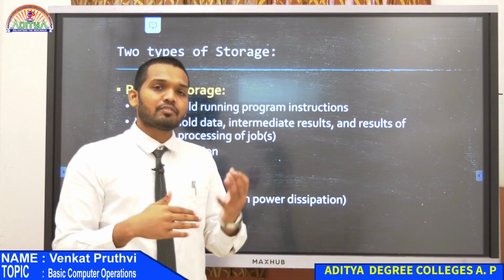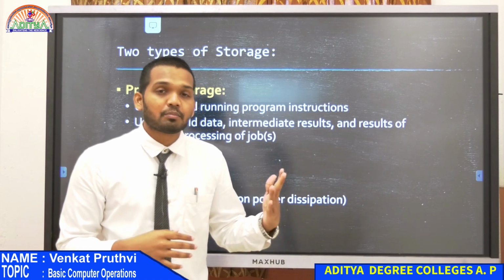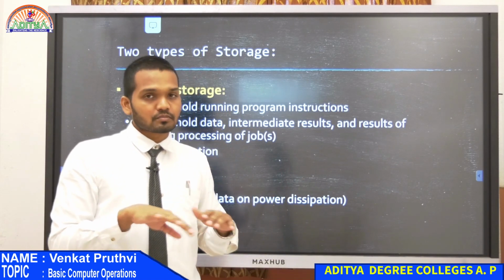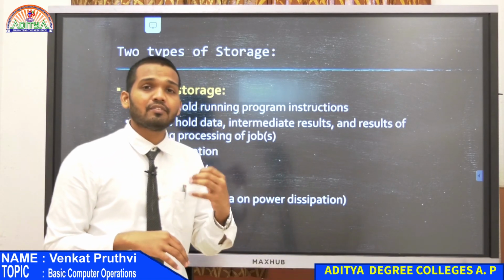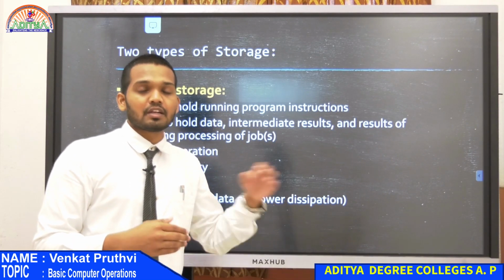So after 15-20 operations, depending upon the task, the 4 GB RAM is full, and it doesn't have any other space for other tasks that need to be performed.